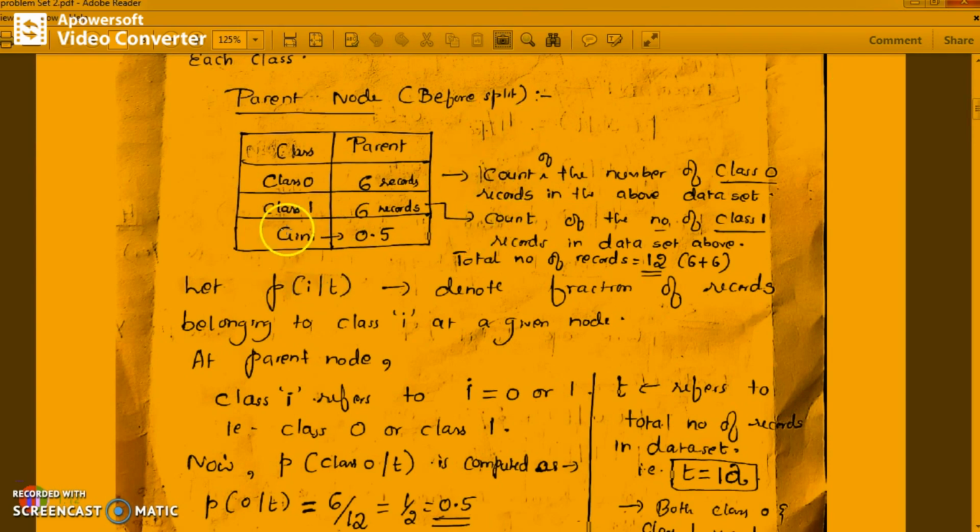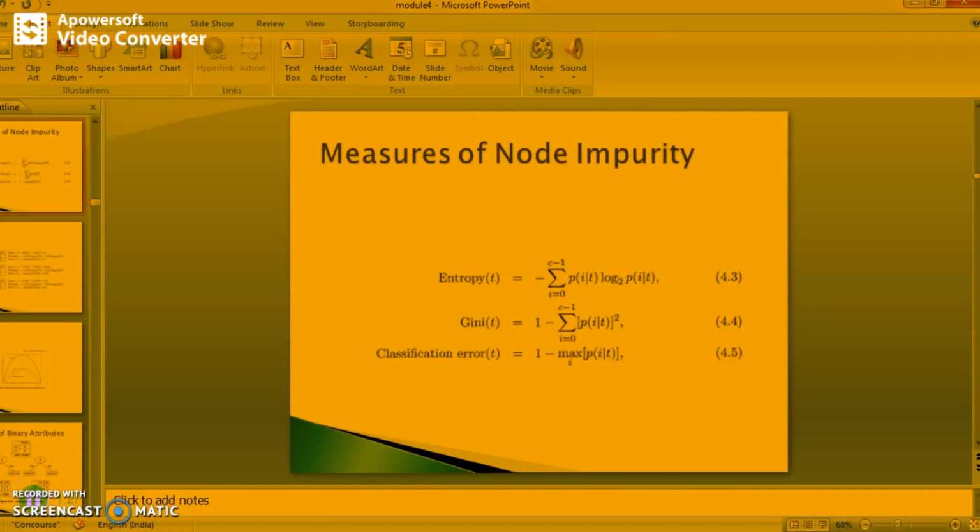Okay, how to calculate the Gini value for this distribution before you do the classification? We'll just see. The formula we have already seen to calculate Gini says 1 minus sigma i equals 0 to C minus 1.